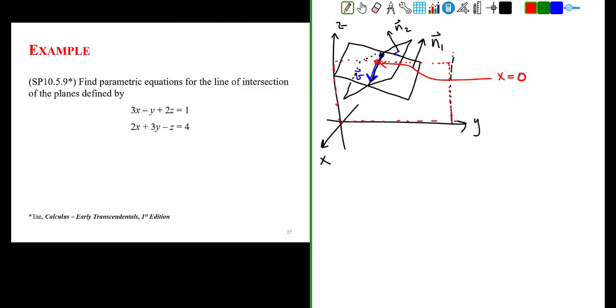Let's do this. Let's look at the point x equals 0 for both planes. And that point x equals 0, let's use that and plug it into our parametric equation of the line for both planes.